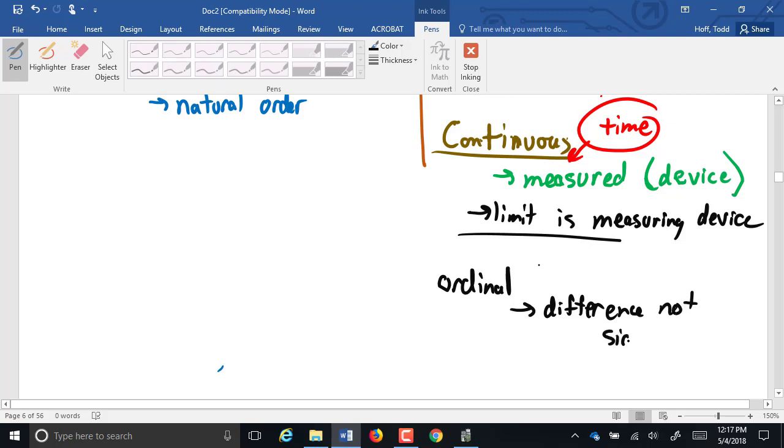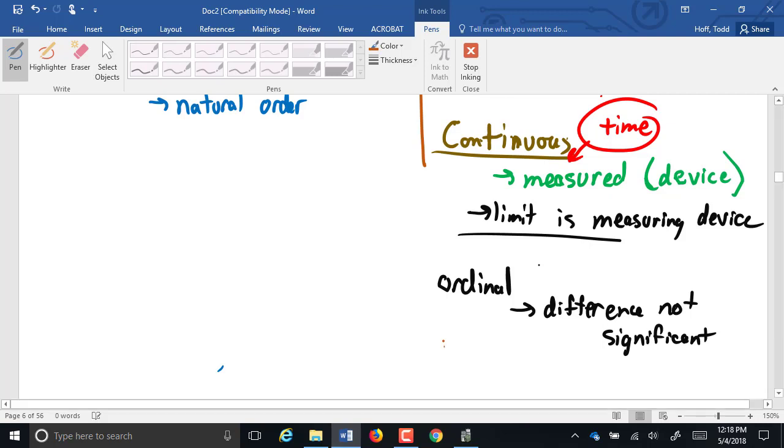The difference is not significant. This might be rankings on a standardized rubric. Scoring a 32 compared to a 36 might not be the same difference as between a 36 and a 40. A 40 is still better than a 36, and a 36 is better than a 32, but that 4-point difference may not have the same meaning.